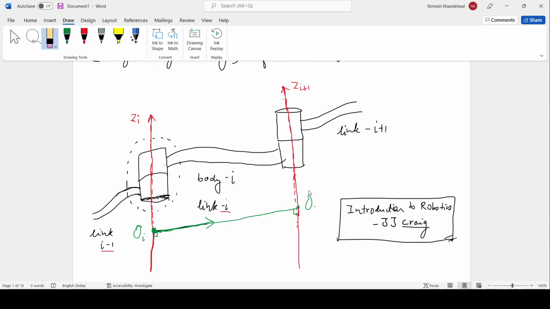And for the I plus 1th one, it will be decided by the next link, I plus 2. The line connecting Zi and I plus 2, wherever it might be, will decide where the origin for frame I plus 1 is. But for this, the xi is along this line right here.